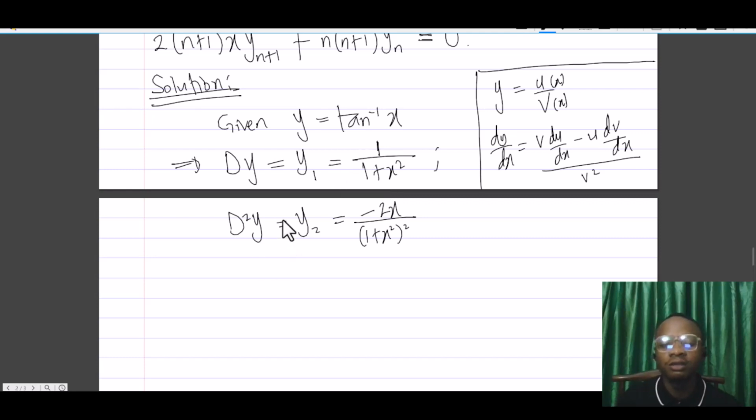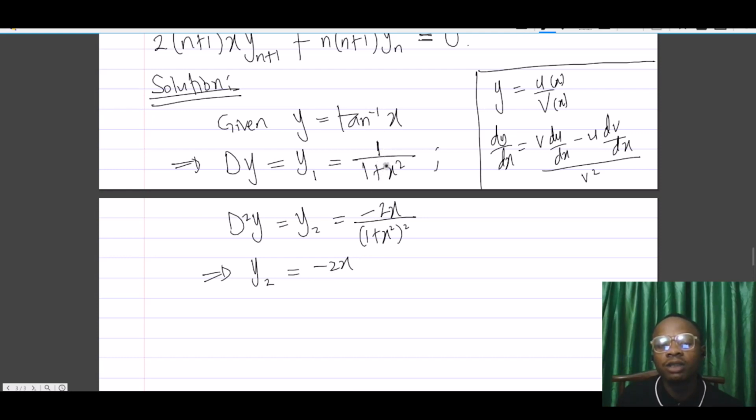For the second derivative, we can't relate it to the zeroth derivative because it doesn't have a similar form, but we can easily relate it to the first derivative. So we see that y2, the second derivative, is equal to minus 2x over this. So we can write it as, we know that this one is already 1 over 1 plus x squared.